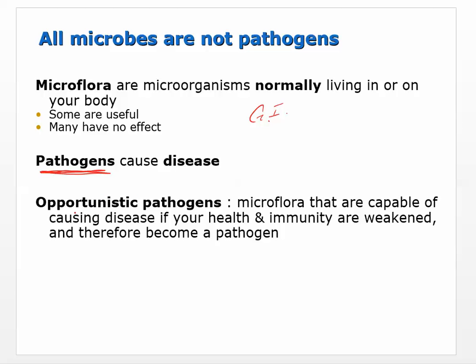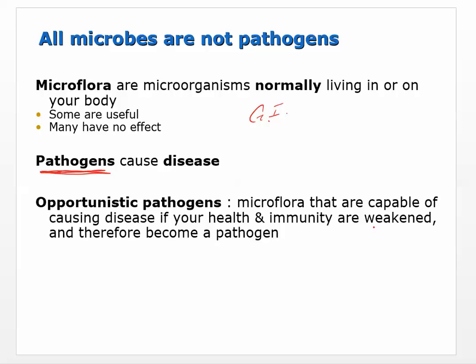But sometimes a pathogen would not normally affect us, so we sometimes give it the opportunity. If our immune system's down, if we're sick with something else, sometimes an opportunistic pathogen will come in. Opportunistic pathogens are microflora that are capable of causing disease really only if your health and immunity are weakened.